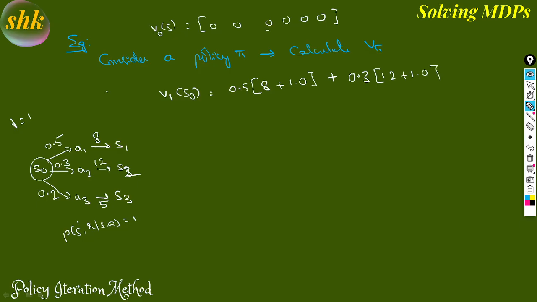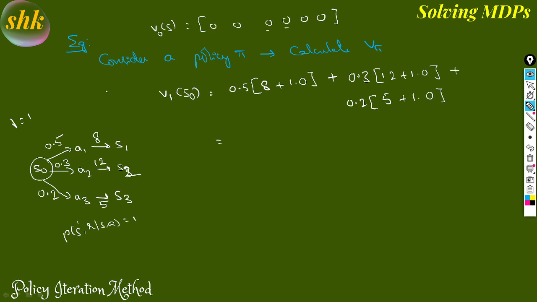So substitute that value. Plus, for taking action A3, the probability is 0.2 multiplied with the reward 5 plus the discount factor gamma equal to 1 multiplied with V of S3. For S3, the previous value V0 is equal to 0.